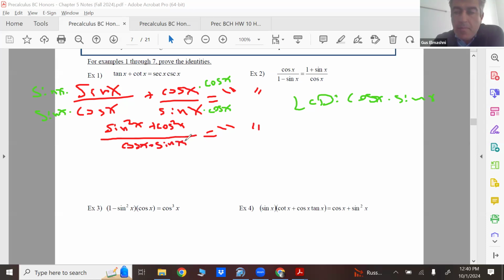A-okay so far? What's the top? 1. And can I separate it out as secant x times, sorry, times cosecant x?